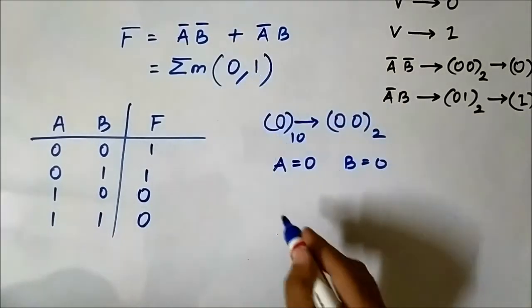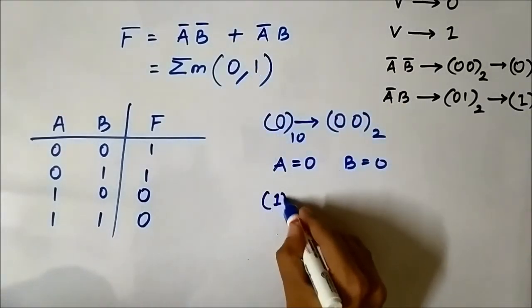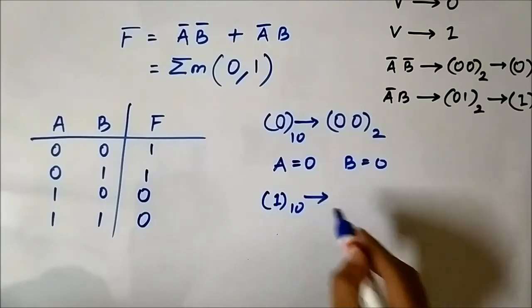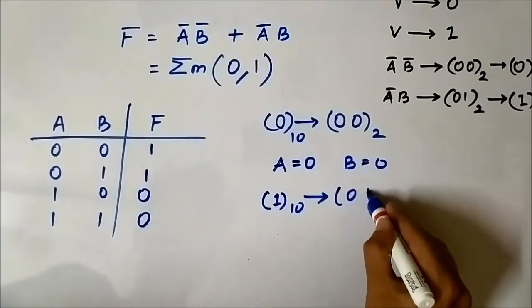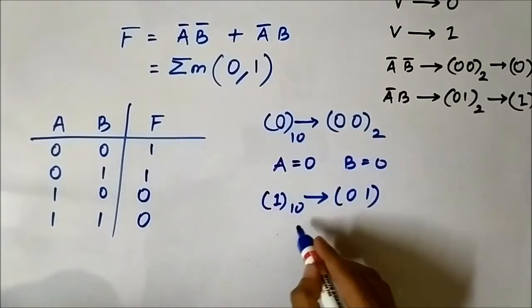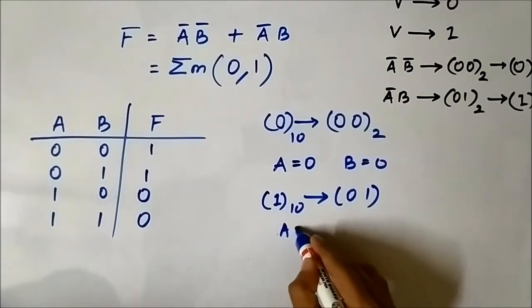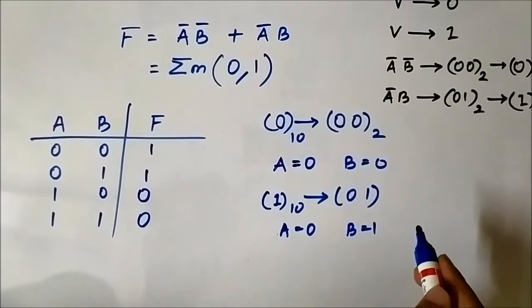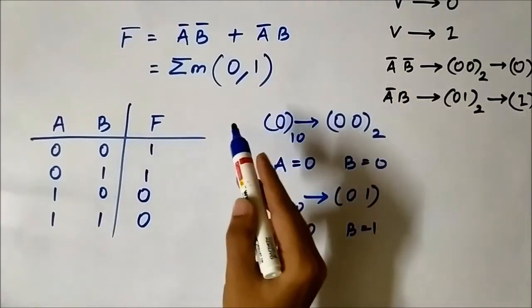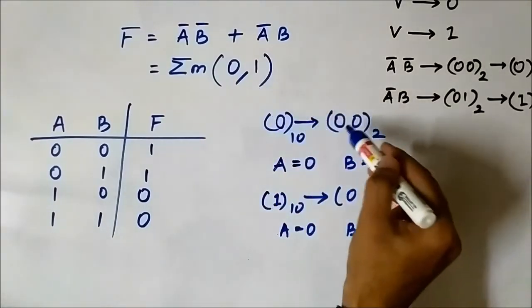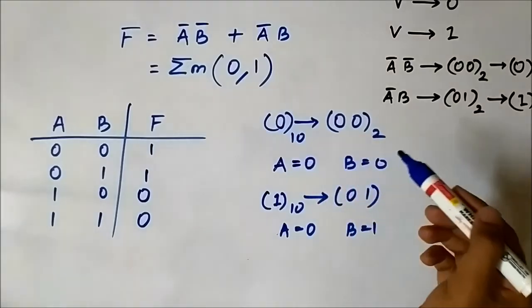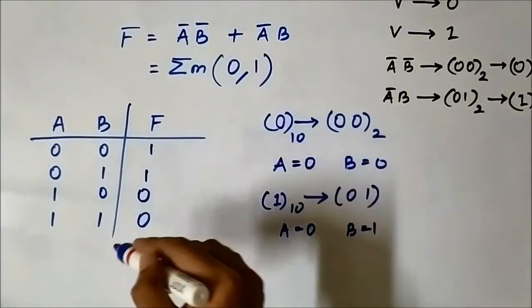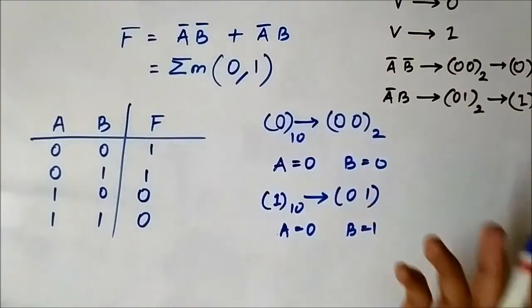Similarly, the min term 1, it is the decimal. The binary is 0 1. What does it represent? It represents A is equal to 0, B is equal to 1. Similarly, for 2 1 0, it represents A is 1, B is 0. For 1 1, that is 3, A is 1, B is 1.